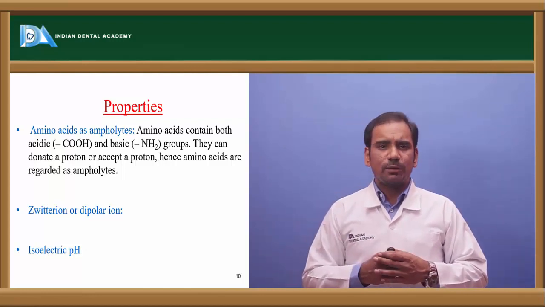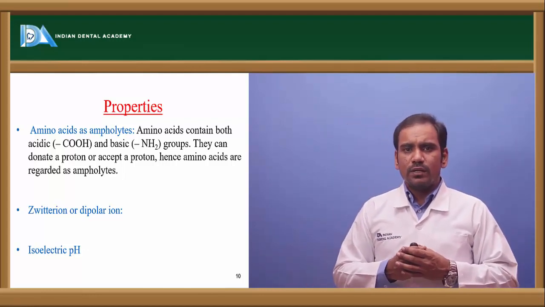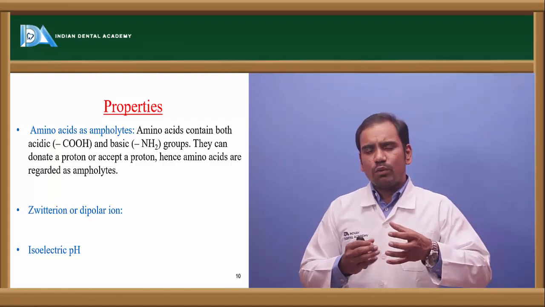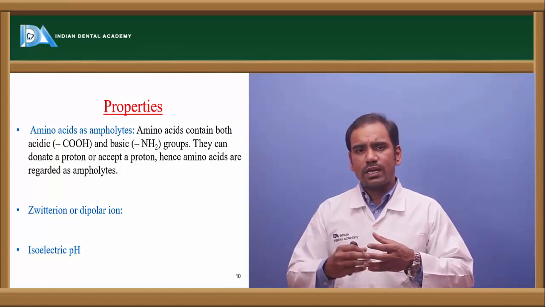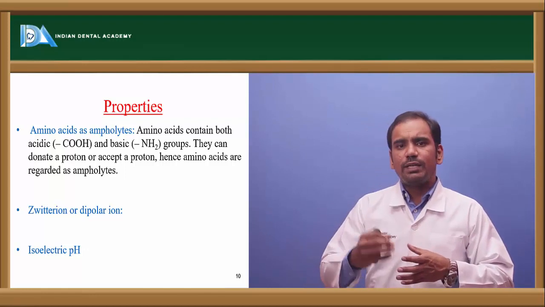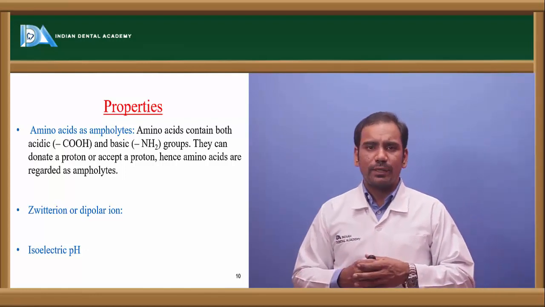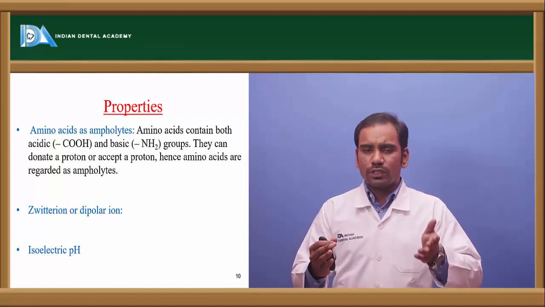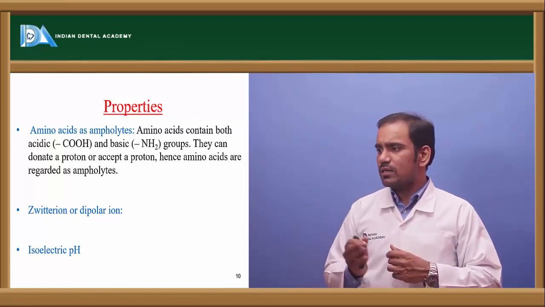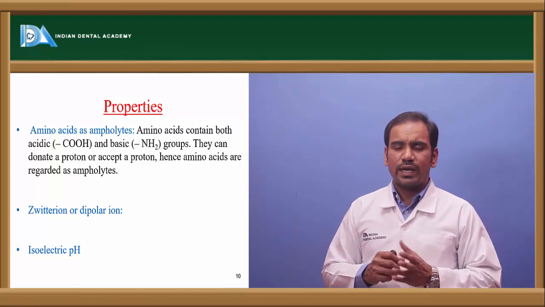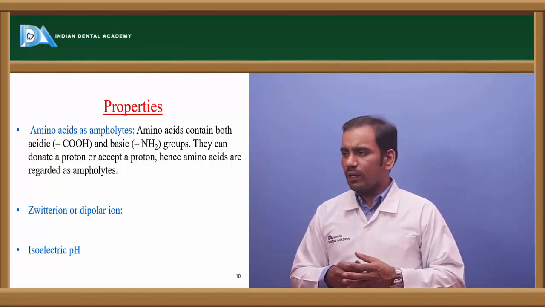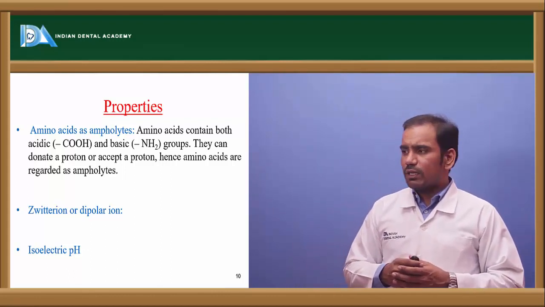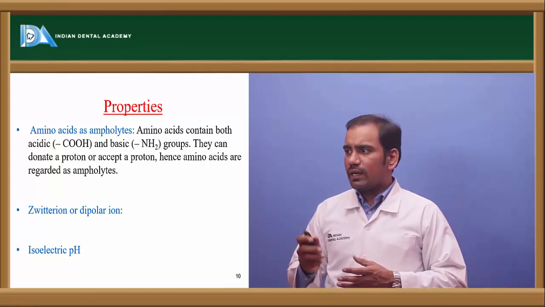Coming to isoelectric pH, what is isoelectric pH? When an amino acid carries both positive and negative charges at a particular pH, that pH is called isoelectric pH. So the pH at which an amino acid carries both positive and negative charges is called isoelectric pH or isoelectric point. Right? So that is isoelectric pH, Zwitter ion and ampholytes.